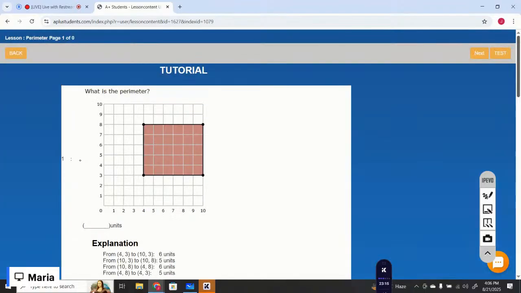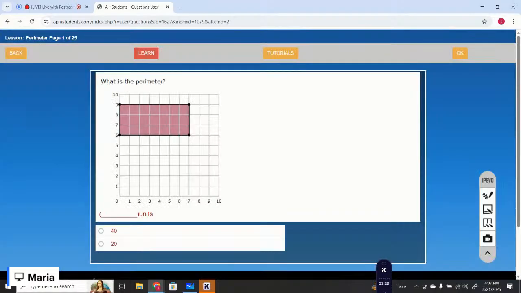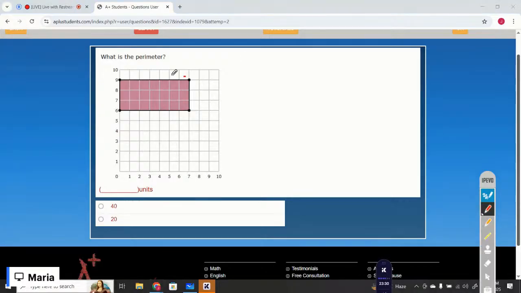Let's just start with the test questions. What is the perimeter? 1, 2, 3, 4, 5, 6, 7. 1, 2, 3. So for the perimeter, you need to add them all.